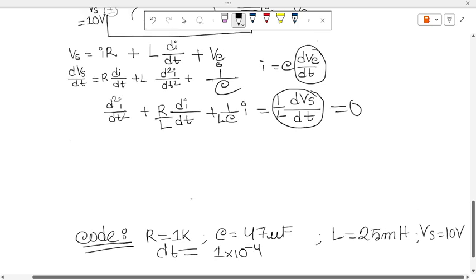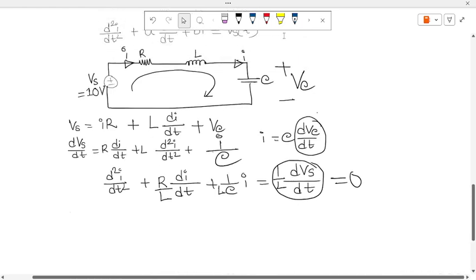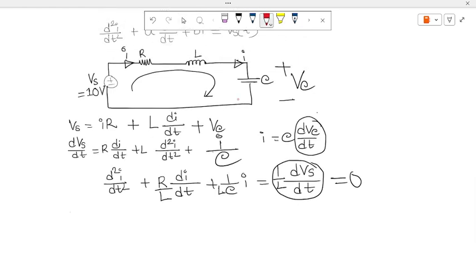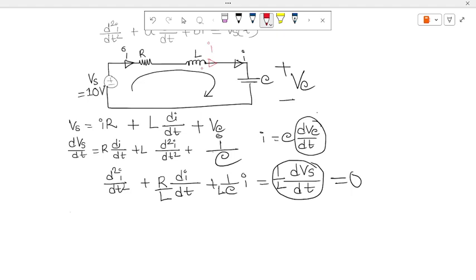And as this is a second order differential equation, we know that we need at least two initial conditions. So let's assume that the initial current across this circuit is I0 equal to, let's say, 0.